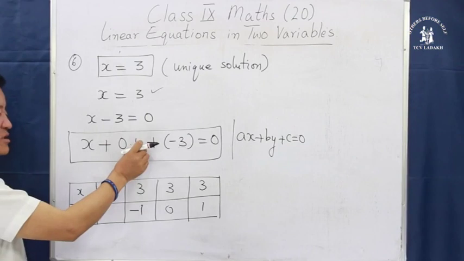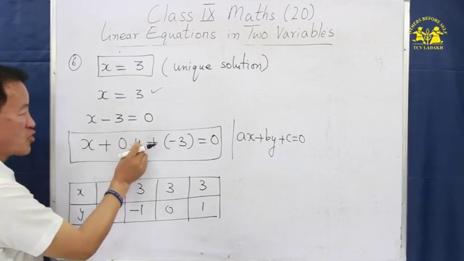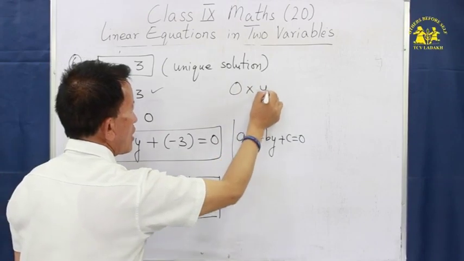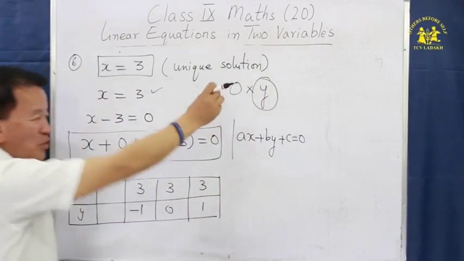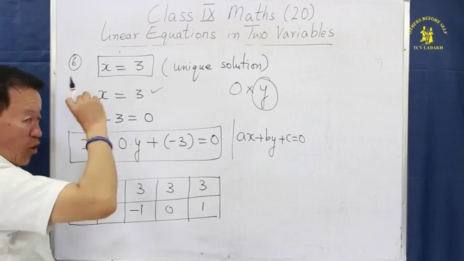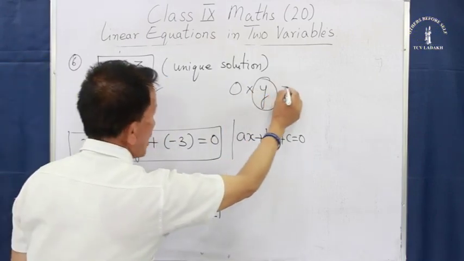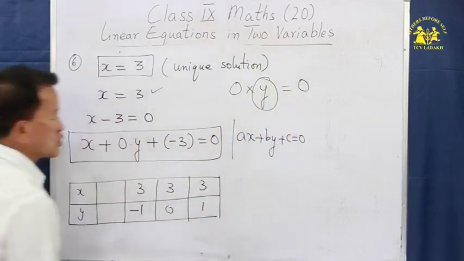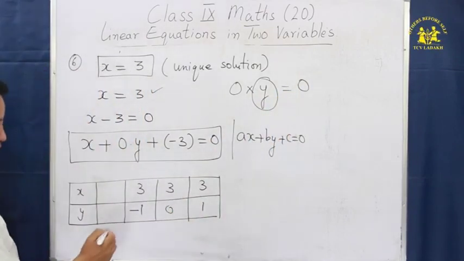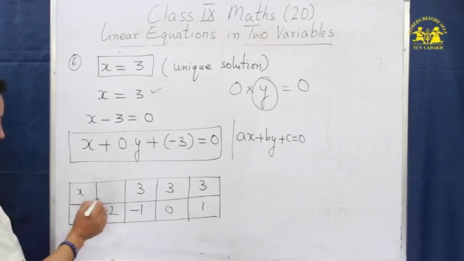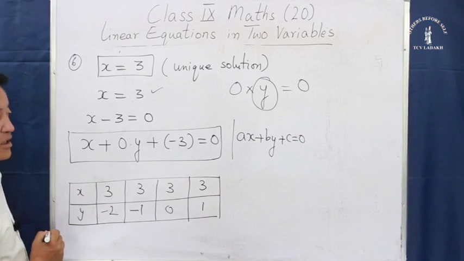No matter what value we put for y, we can put any value, or all the values of real numbers one by one, but then the product will always be equal to 0. So therefore, what will happen? If we take y equal to minus 2, what will happen? The x will be still 3.